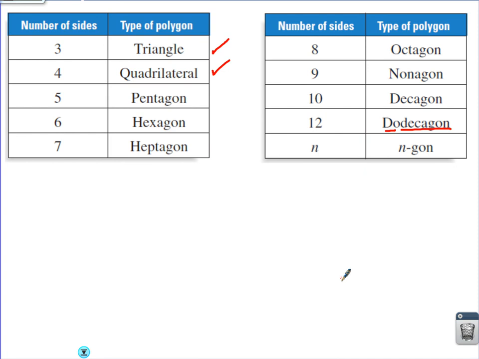Anything that's not listed, we call an n-agon. If it has 11 sides, that is an 11-agon. If it has 13 sides, that is a 13-agon. If it has 15 sides, that's a 15-agon. If it has 100 sides, that's a 100-agon. Anything that doesn't have these listed sides here, we just refer to as a whatever-agon.